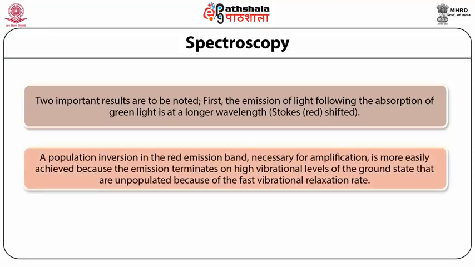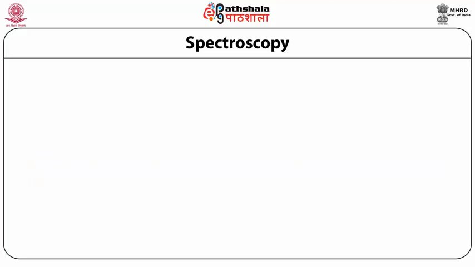A population inversion in the red emission band necessary for amplification is more easily achieved because the emission terminates at high vibration levels of the ground state that are unpopulated because of the fast vibrational relaxation rate.